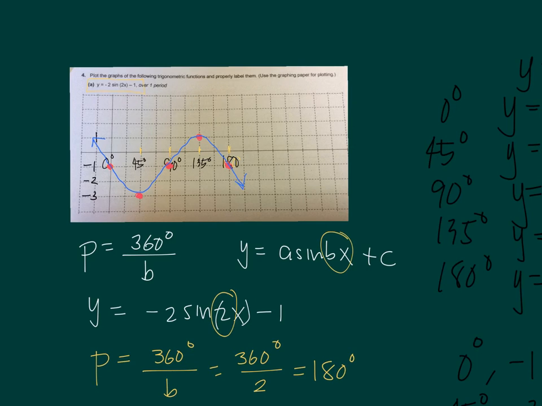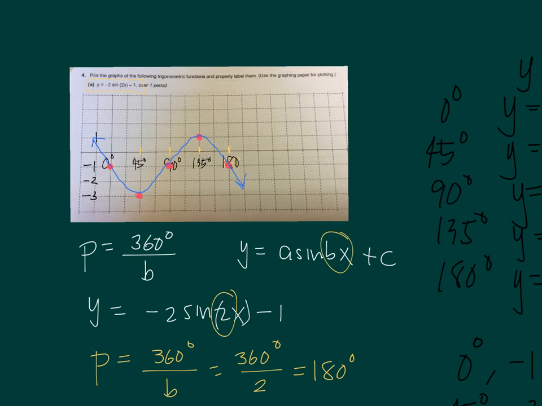There are a lot of videos on YouTube that discuss how to do that, but I want you to appreciate how the points are identified. The only thing that you have to remember here is the period. Once you have the period, all you have to do is divide it into 4 areas, identify 4 angles, 5 including the 0 degrees, find the corresponding values of each, plot the points, and there you go.